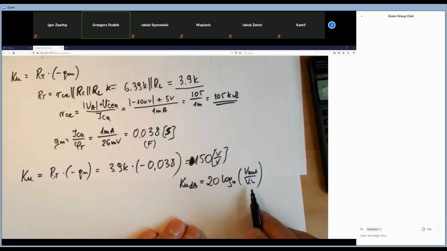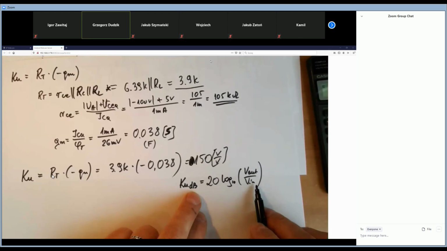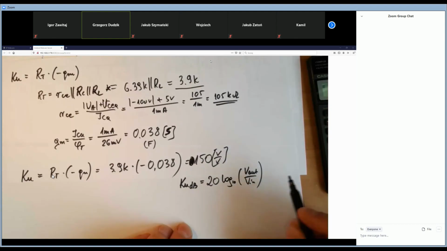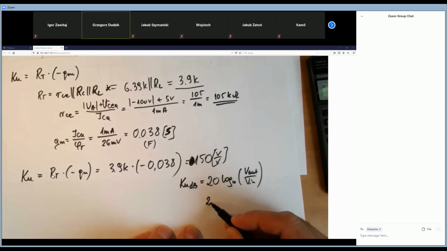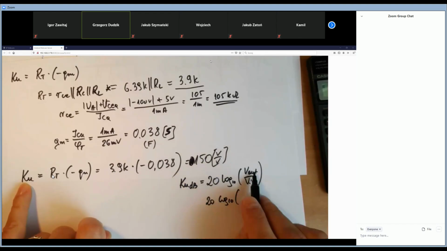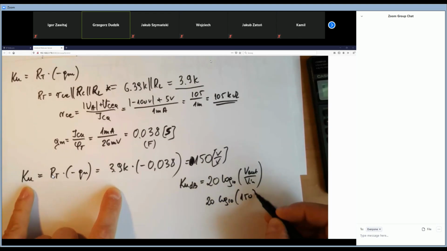If V in is 1 volt, we are considering the decibels relative to 1 volt. It is simple. So this is 20 log 10 of V out over V in, which is Ku, 150.